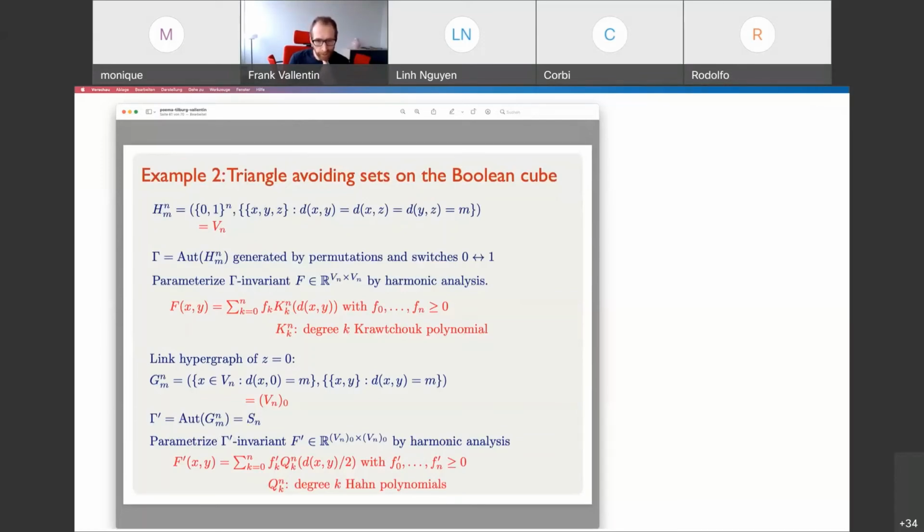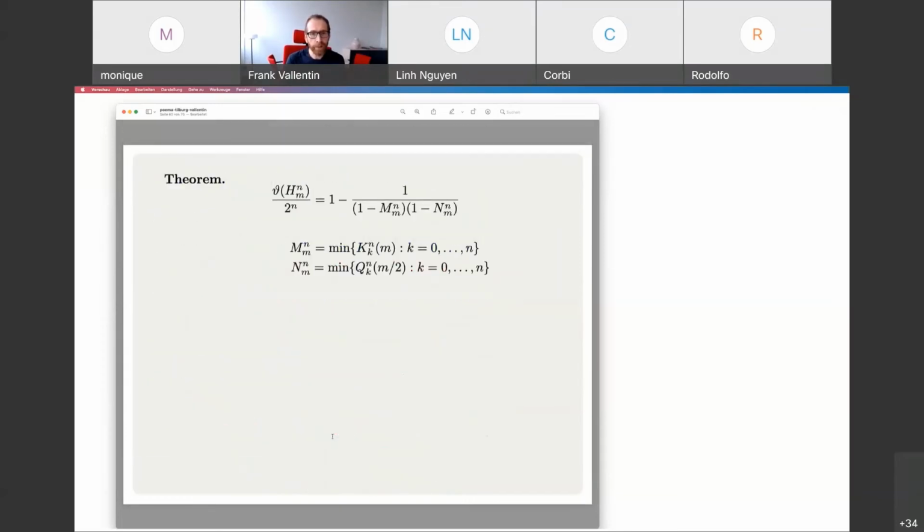And that's going to be very similar to the situation which we had before with the Krawtchouk polynomials, but now instead of Krawtchouk polynomials, we have Hahn polynomials. So that's another family of discrete orthogonal polynomials. All right, so once we have this data, it is possible to compute the theta number of this graph exactly.